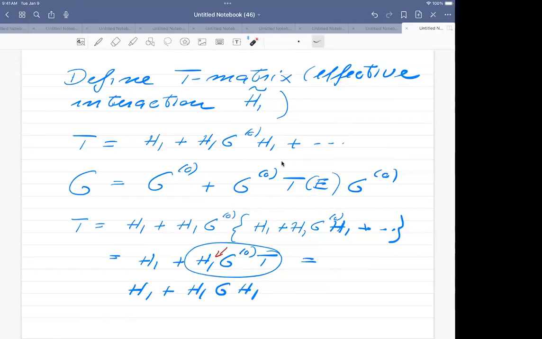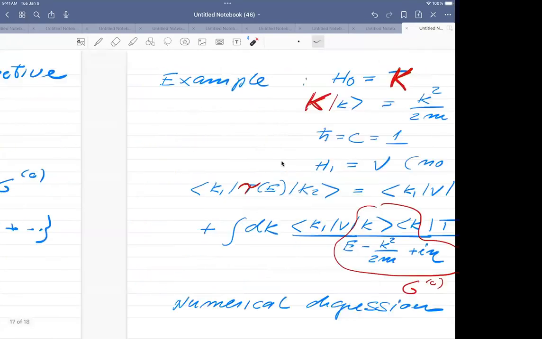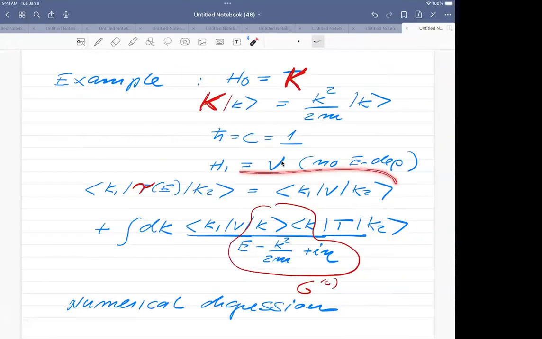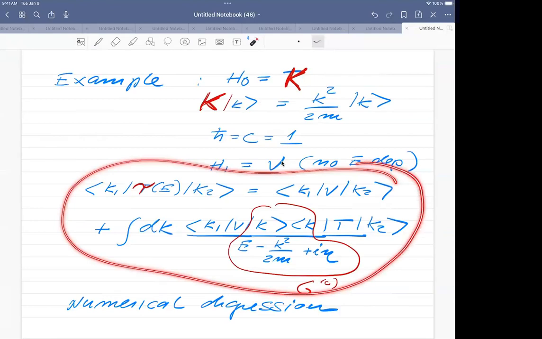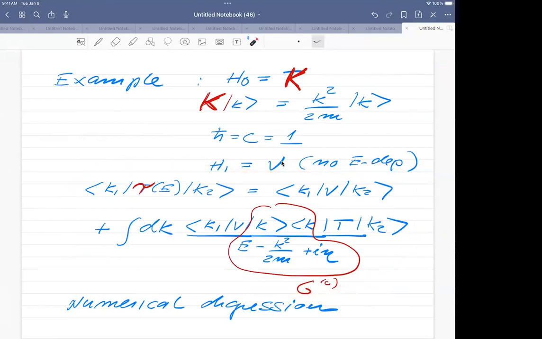If there is a dependence on the center of mass momentum, then you cannot separate the variables. But in effect, a two-body problem can be transformed into something which looks like a one-body problem. And this equation which you see here is something which you will see both for one-body problems and two-body problems.